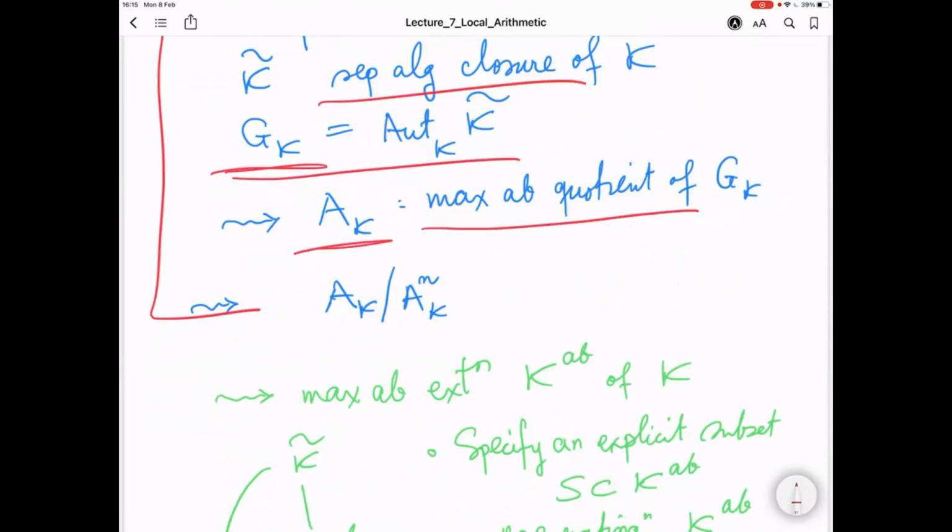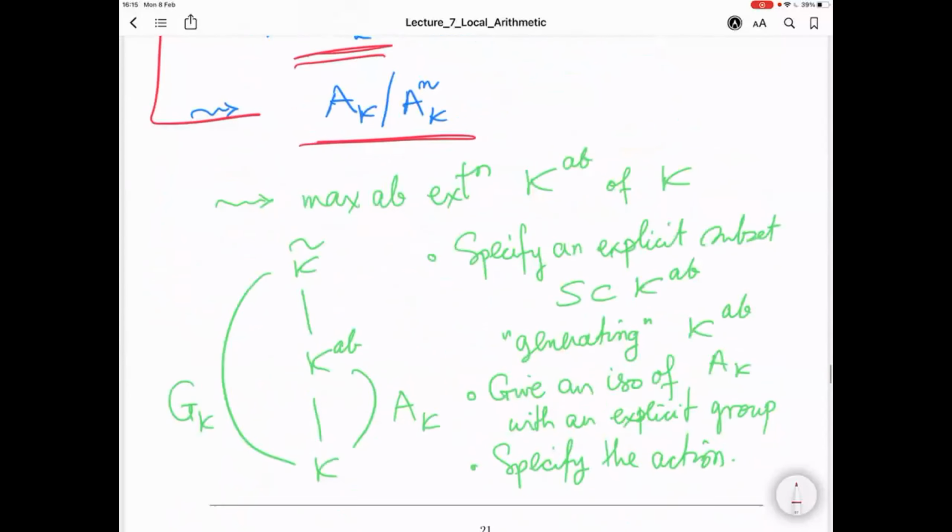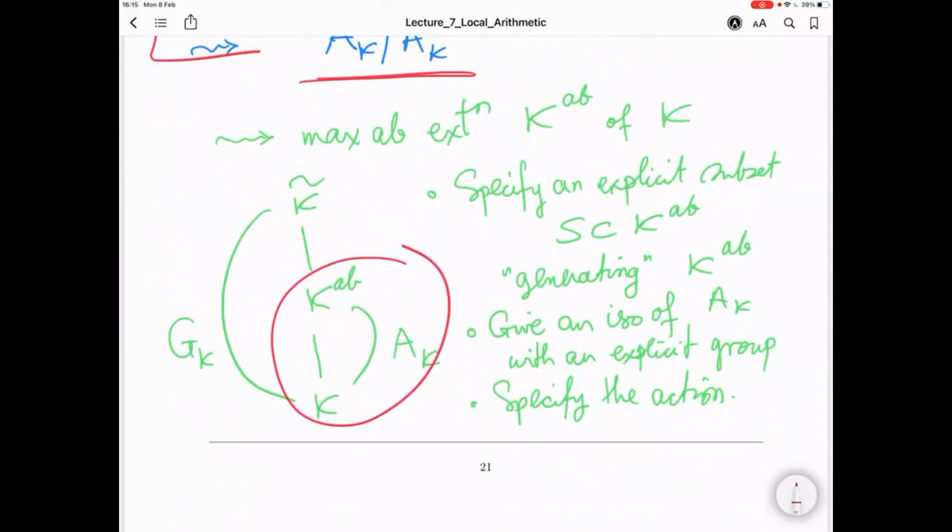And if you're not even able to understand what this maximal abelian quotient is, you further cut it down and you look at the maximal abelian quotient of exponent dividing n for some n, right? And these quotients are also themselves Galois groups of some extensions.